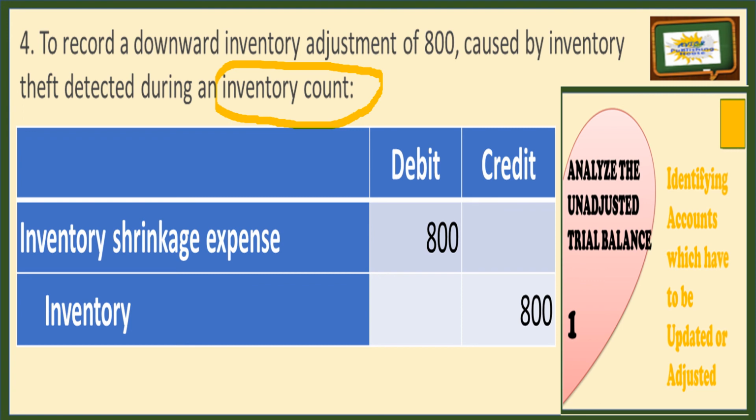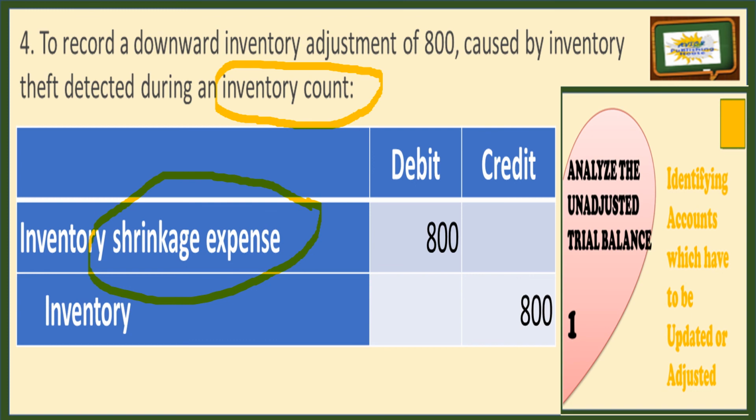So in the periodic system, the physical inventory is a mandatory requirement to set up the cost of goods sold and merchandise inventory account at the end of the period. But in perpetual, it is not necessary because the ledger account shows the balance of the inventory and the cost of goods sold. However, physical inventory is still conducted to detect shrinkage and theft or losses.